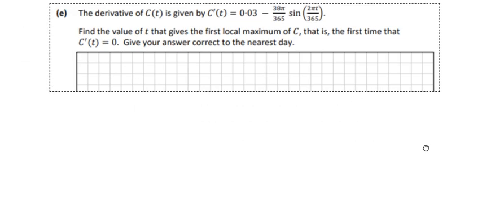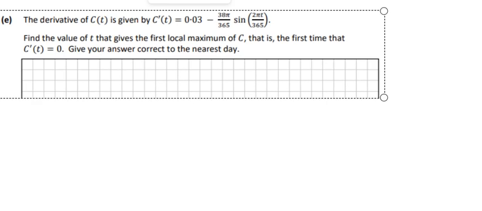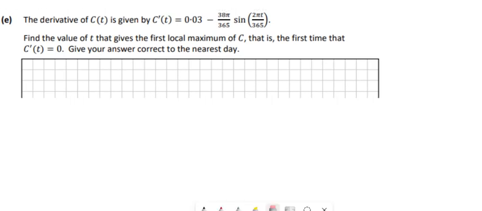Right, so part E. It's telling us that it's a local maximum, so C dash t has to be equal to 0. So I'm just going to let all of that be equal to 0.